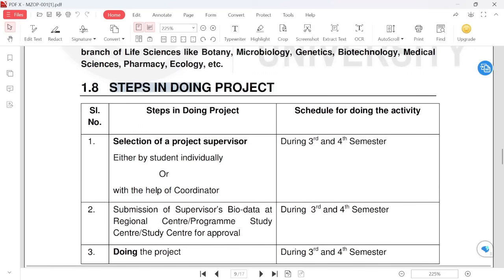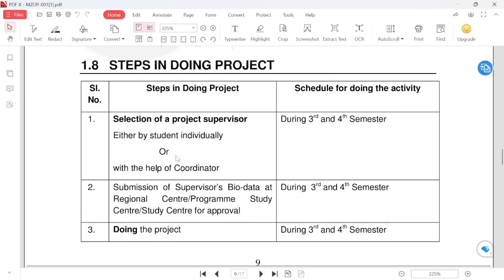It's talking about steps in doing the project. The first step while making a project is selection of your project supervisor. We already had a conversation regarding it.